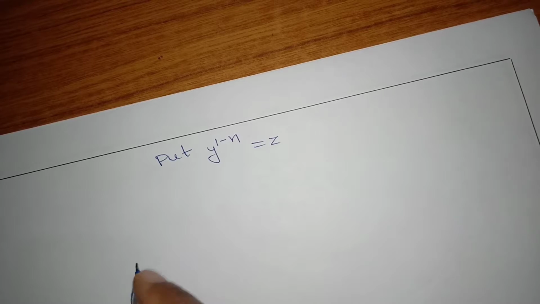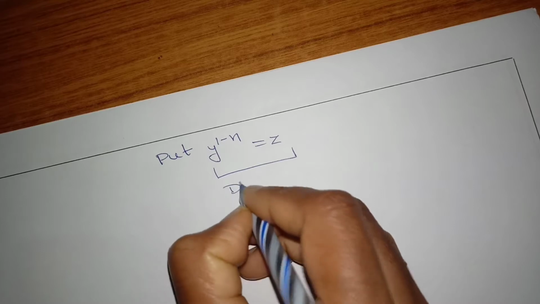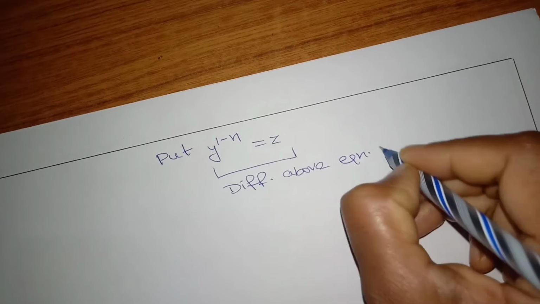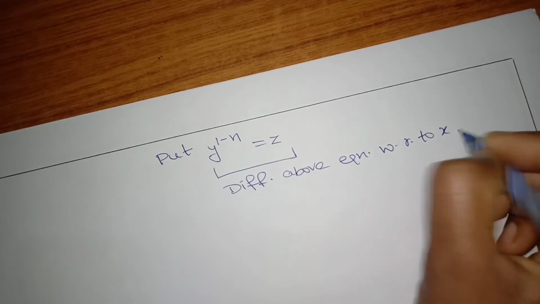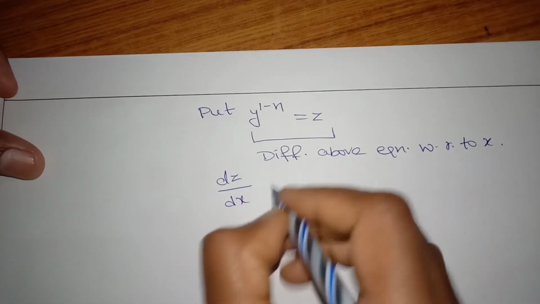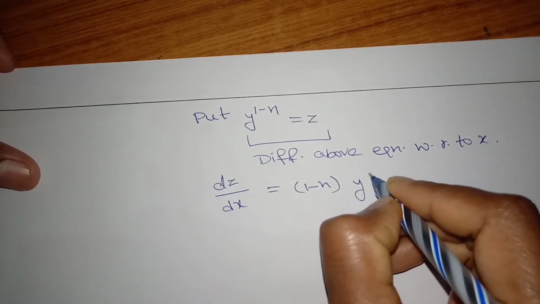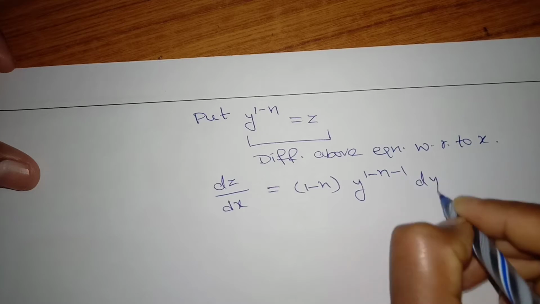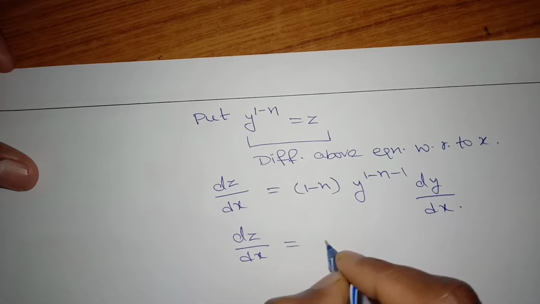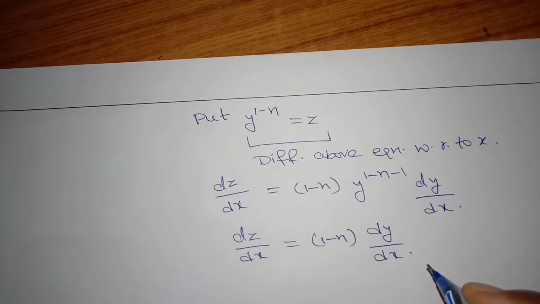Now differentiate the above equation with respect to x. dz by dx equals to 1 minus n into y power 1 minus n minus 1 dy by dx. dz by dx equals to 1 minus n dy by dx.